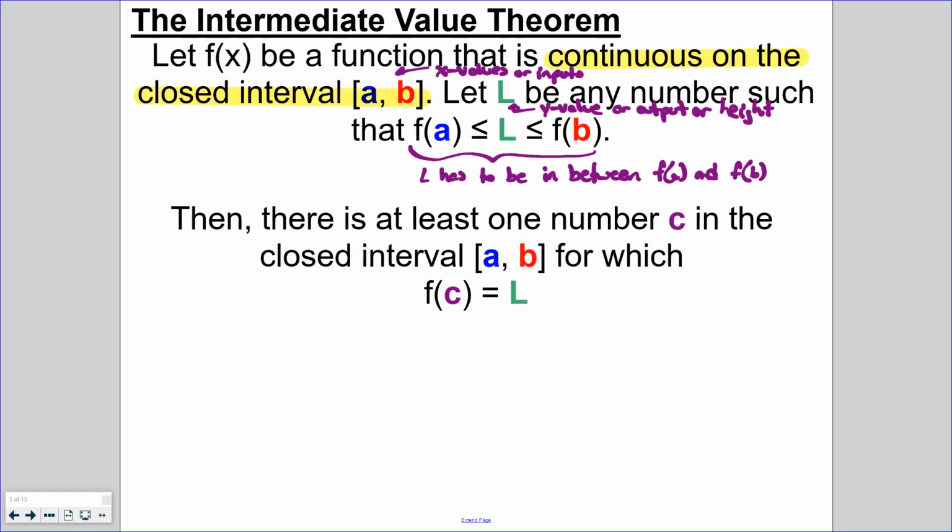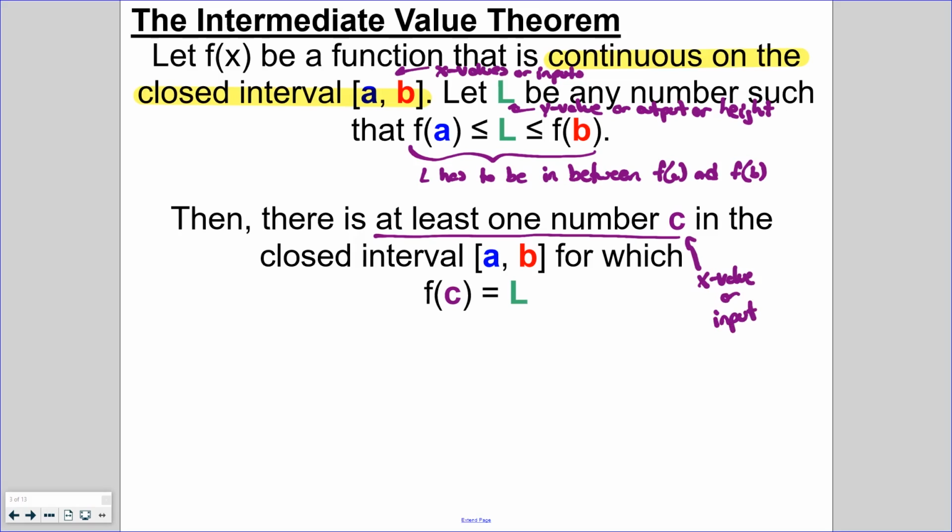Alright, so again, if f is continuous and L is in between f of a and f of b, then there is at least one number c in the closed interval. So since c is in the closed interval, we can say that c also represents a specific x value or input. Now, what x value does it represent?